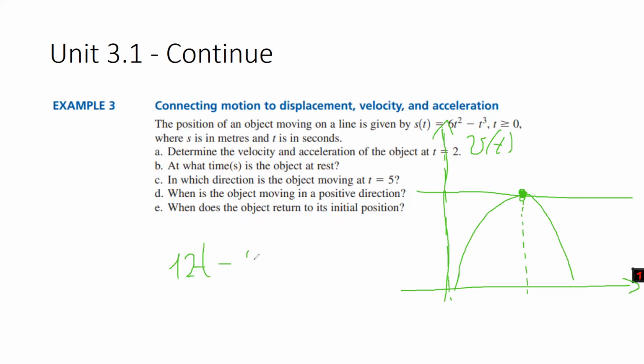12t subtract 3t squared, and we look at the moment of time 3. So 36 subtract 27, that would be positive, right?